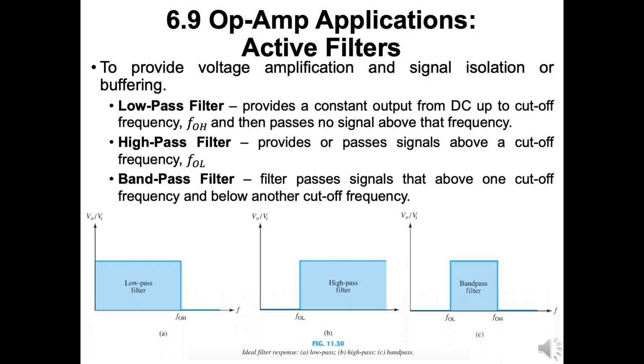A high-pass filter passes signals above a cutoff frequency, frequency OL. While the band-pass filter passes signals above one cutoff frequency and below another cutoff frequency.